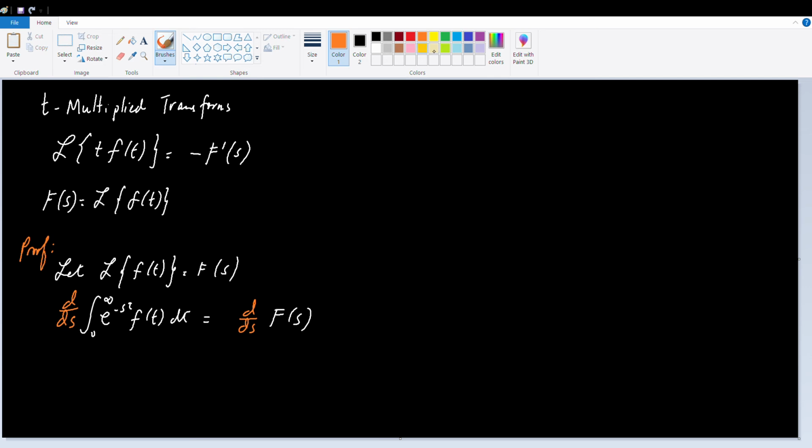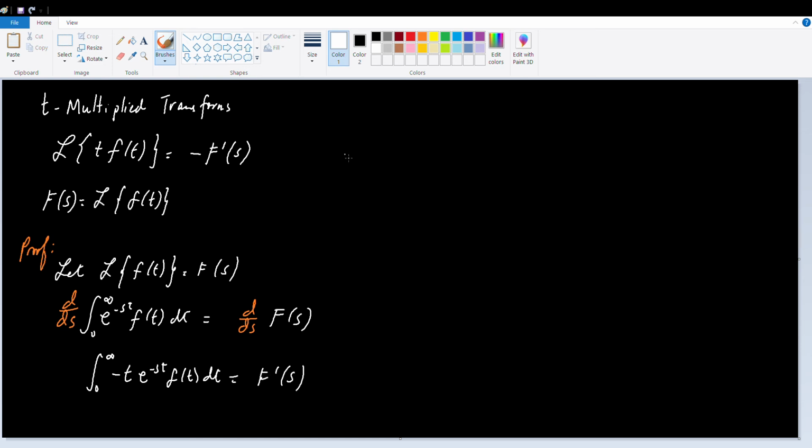So what do we have? We are differentiating with respect to s. So that will be the integral from 0 to infinity of e to the negative st, the derivative with respect to s will be negative t, e to the negative st f of t dt, equal to F prime of s.